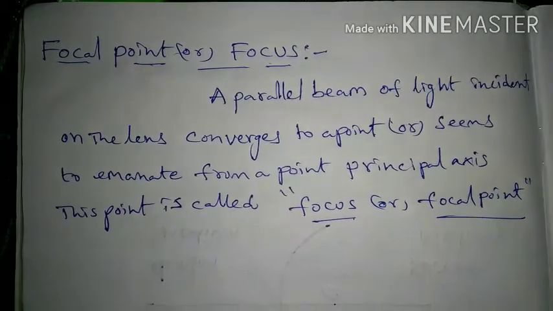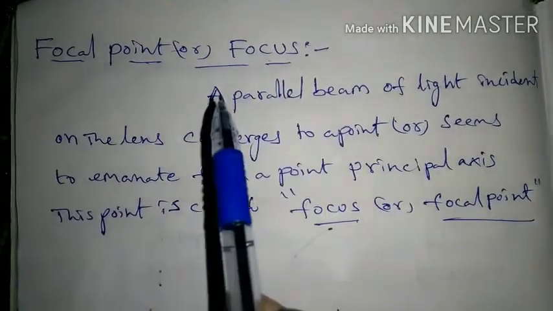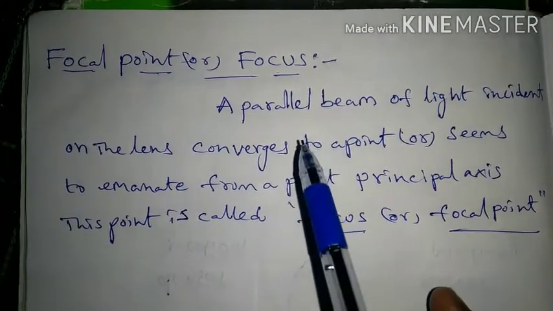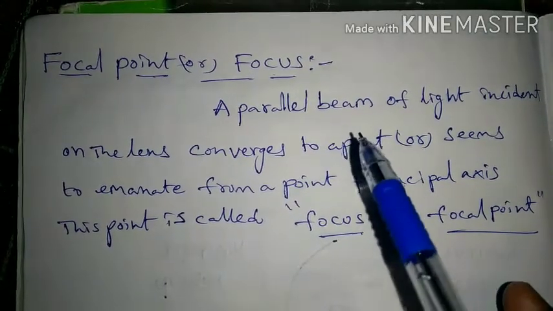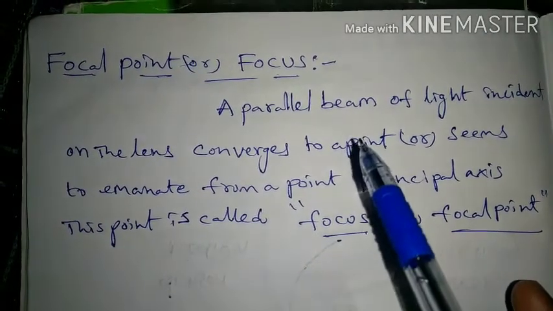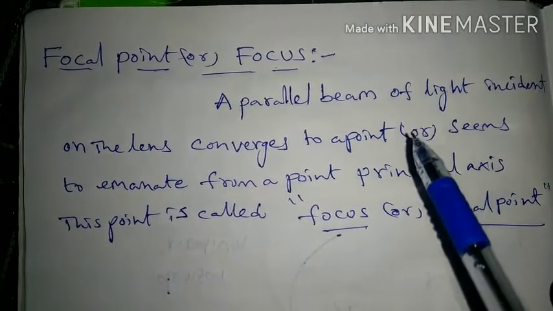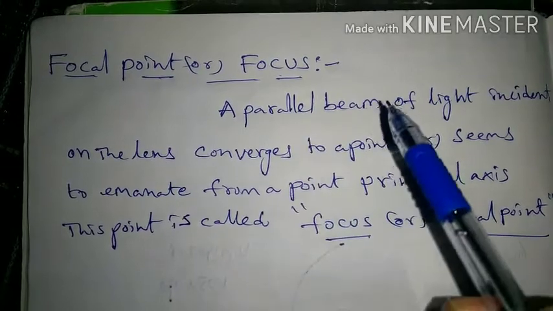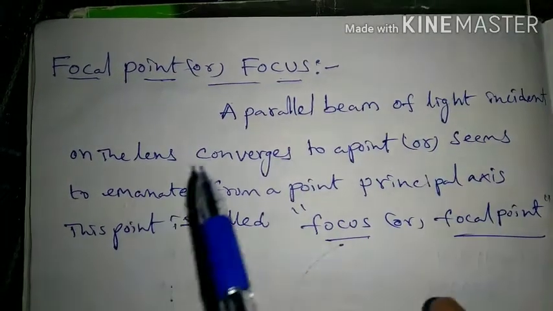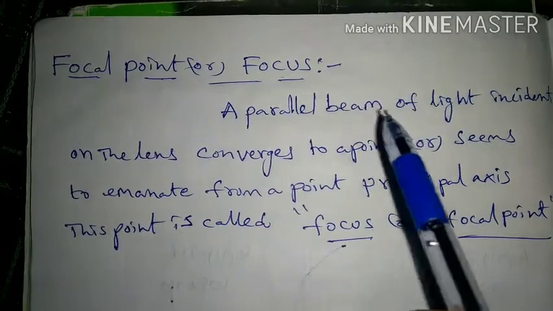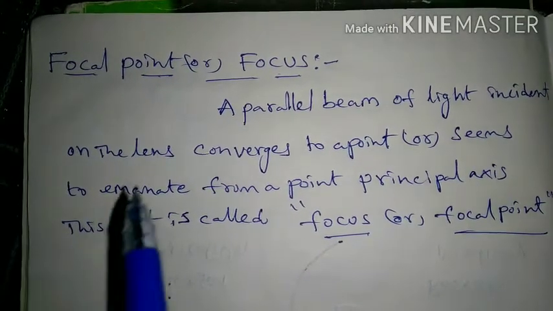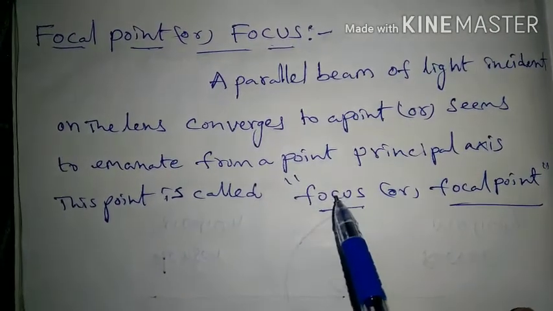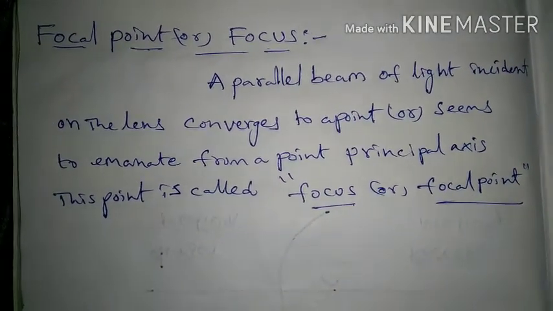A parallel beam means a group of light rays parallel to each other. Parallel beam of light incident on the lens converges to a point that is called focus or focal point.